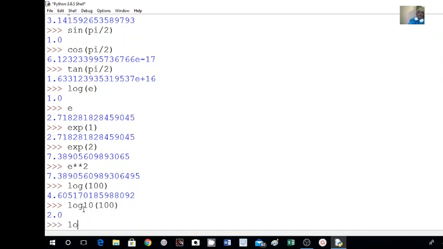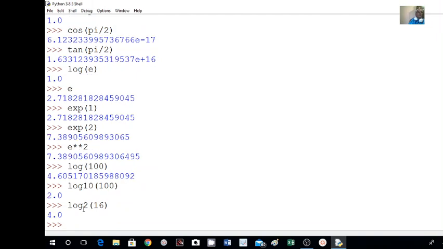Similarly, I can write log 2 of 16 to the base 2, and its value is equal to 4. So log is working. If you just write log, it is the base e. Log10 works to the base 10, and log2 works to the base 2.